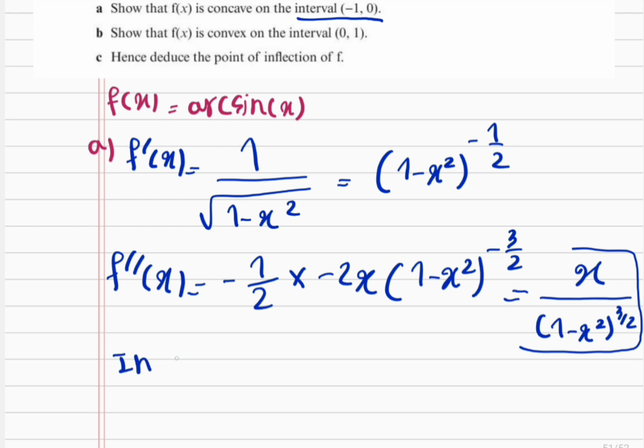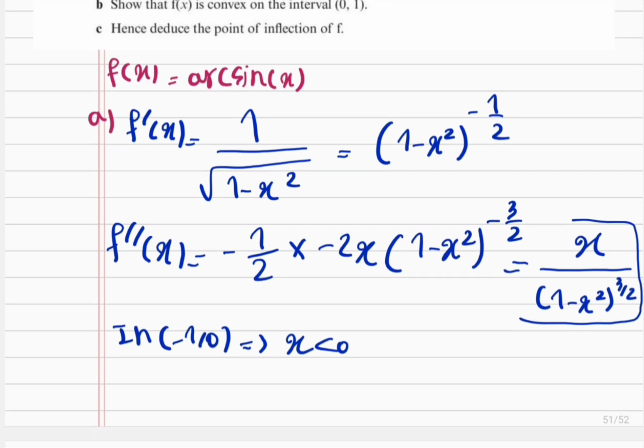So in the interval -1, 0, all the x values are less than 0, which means they are negative. And now we can just analyze the behavior of this function when x is negative. So if x is negative, the numerator is always negative.